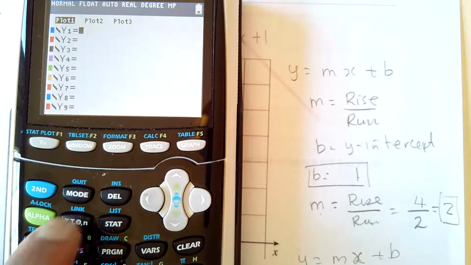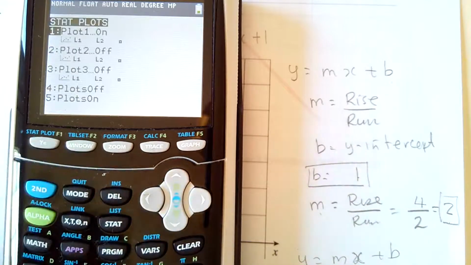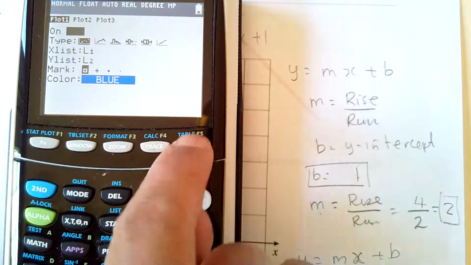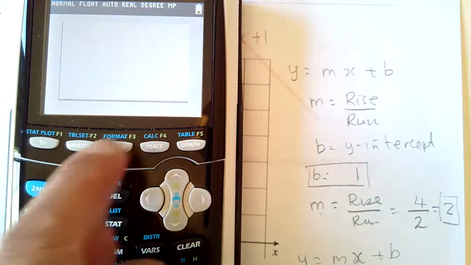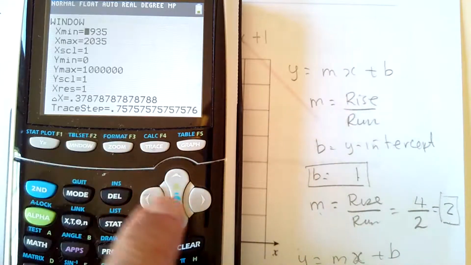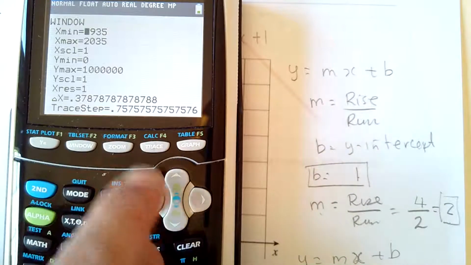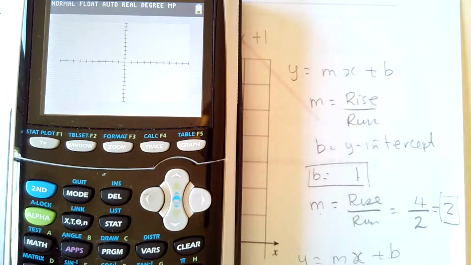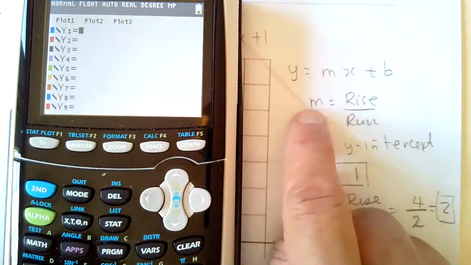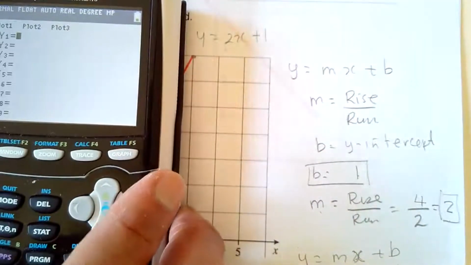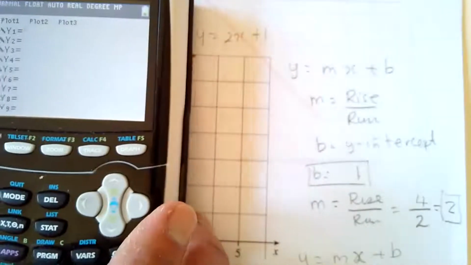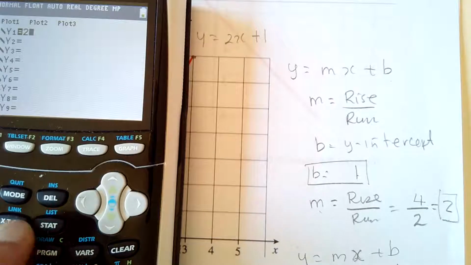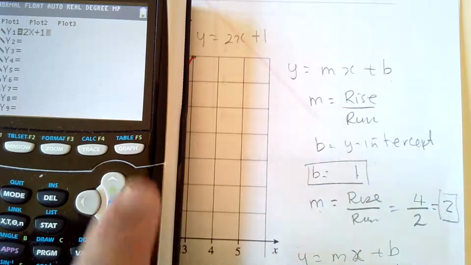I'll reset my calculator. I don't want the stat plot, this is from a previous calculation. I'm going to go to my window and make that standard. Okay. Now I'm going to input the equation in my calculator here. So y is equal to 2x plus 1. And graph.